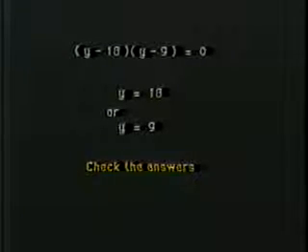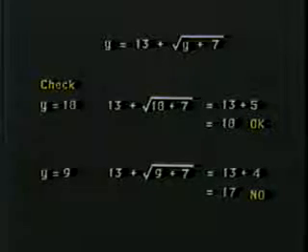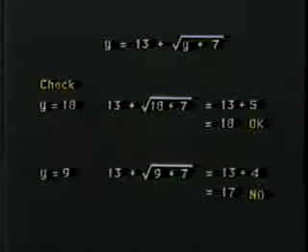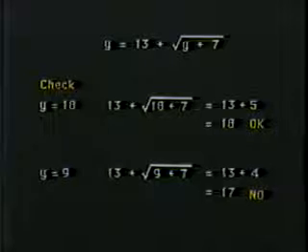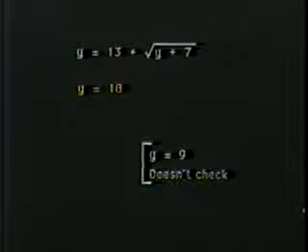Or I could give up and use the quadratic formula. It'll work, too. And either way, I get two numbers as possible answers. Fortunately, this time they're easy to check by hand like this. And once again, we only get one answer that works. Y equals 18.